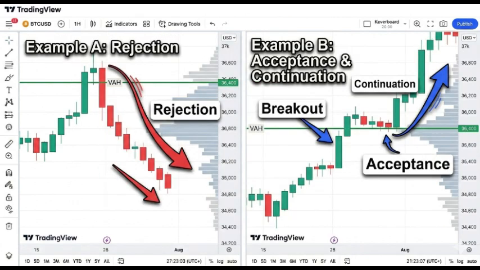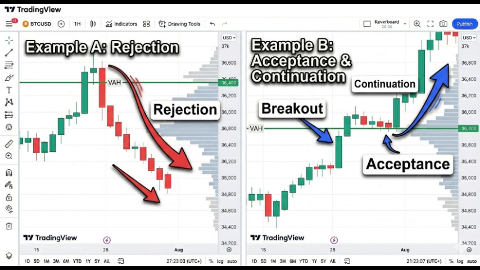Now let's turn this into trading logic. If price is moving toward the POC, that level can act like a magnet. If price is inside the value area, the market is still in balance, and price may rotate around the POC.